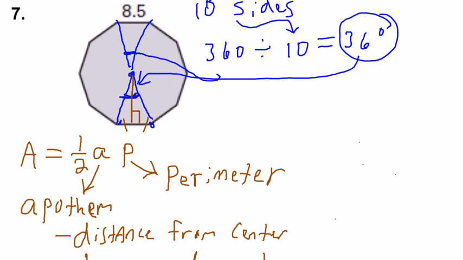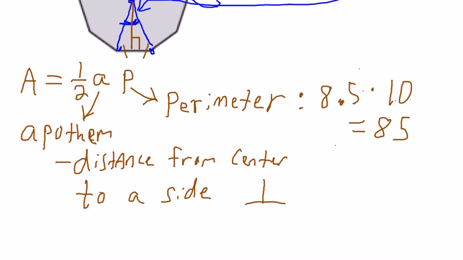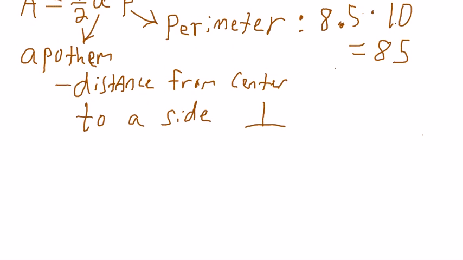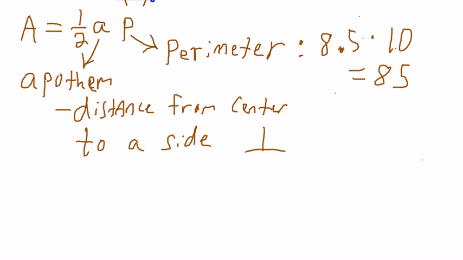So in this particular example, number 7, 8.5 is one of the side lengths, and so to find the perimeter, we're just going to take 8.5 times the 10 side lengths. So the perimeter is 85. So one of those parts is very short to figure out. The other part, the apothem, in this example, is going to take a little bit more work.